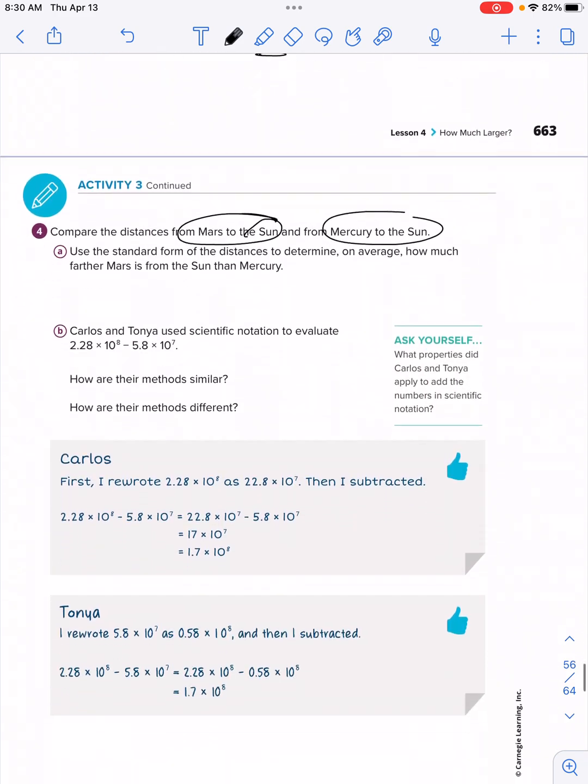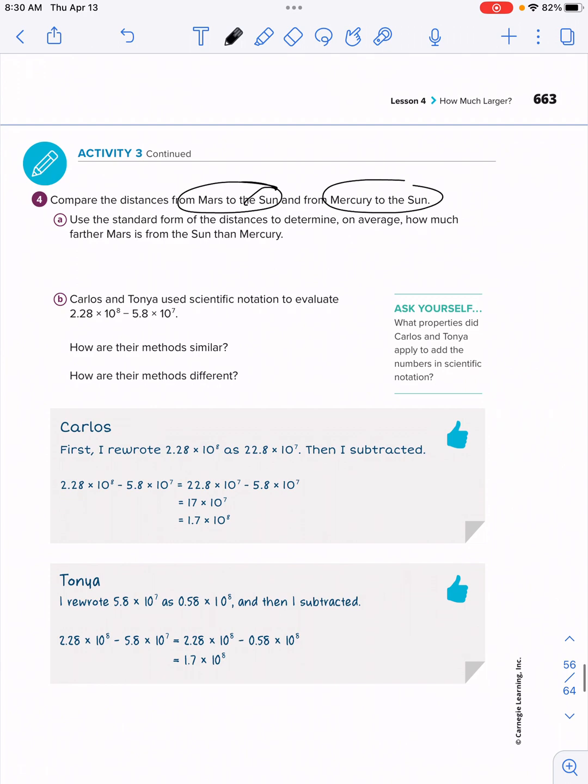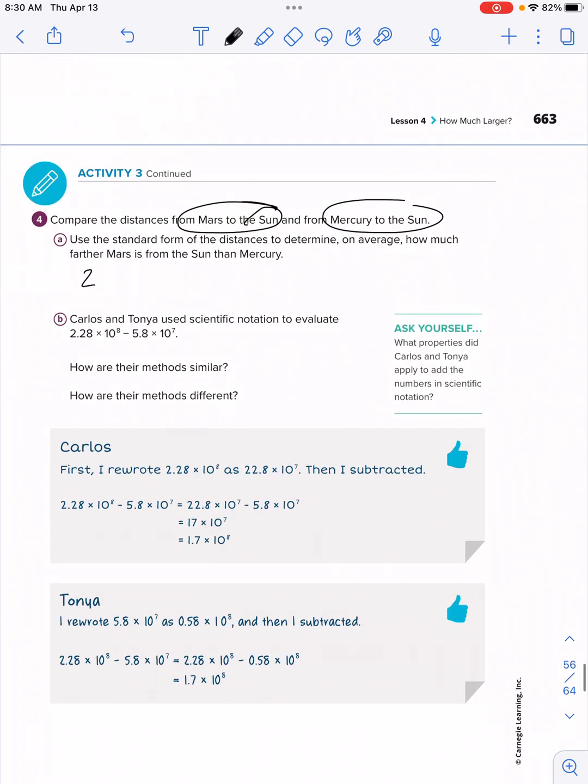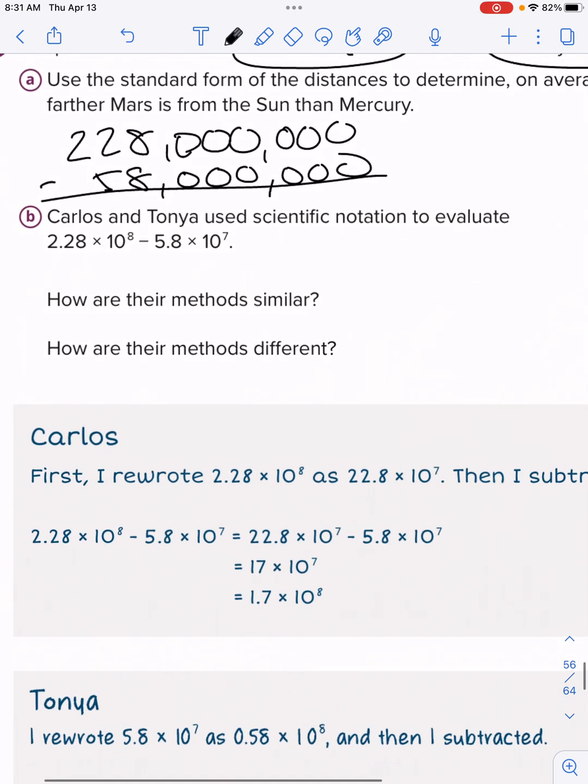Okay, so let's remember that. 228 million. And I believe it was 58 million. I'm going to have to squeeze this in here. We know that these are going to be zeros. So the hundreds and the thousands place, this will be a 0 here.